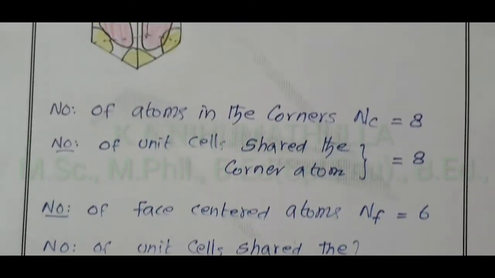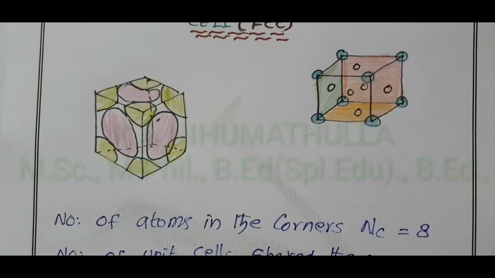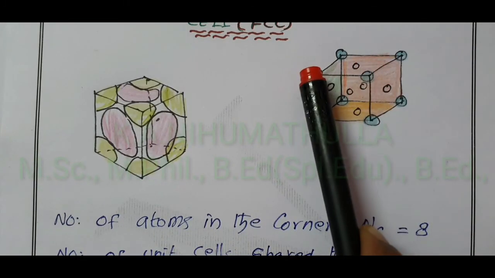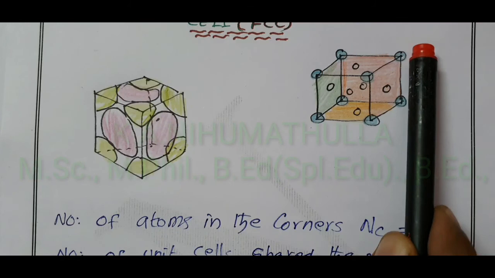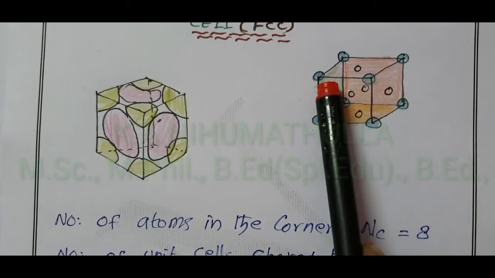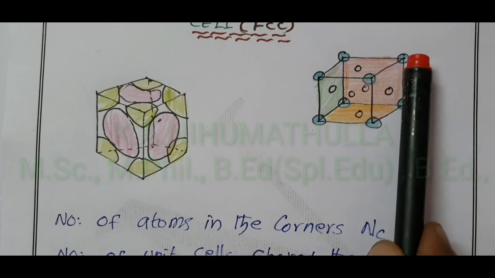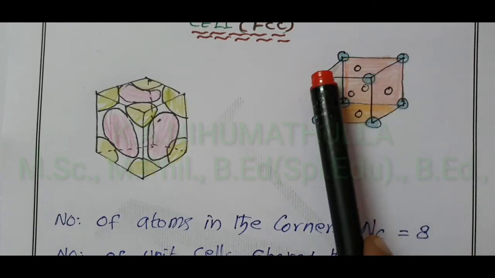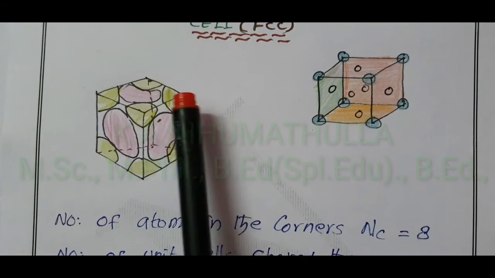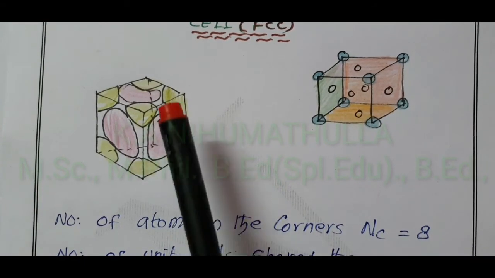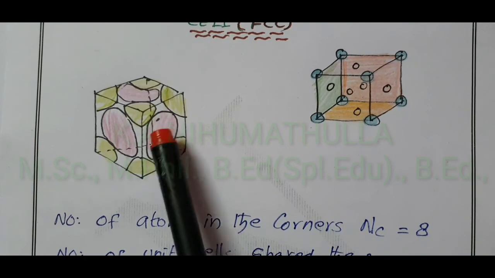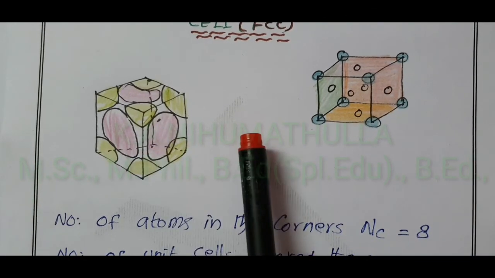In a face centered cubic unit cell, identical atoms lie at each corner as well as in the center of each face. Those atoms in the corners touch those in the faces, but not each other. The corner atoms are not touching each other, they touch only the face centered atoms.